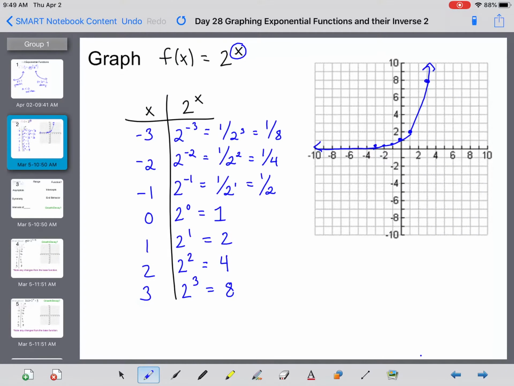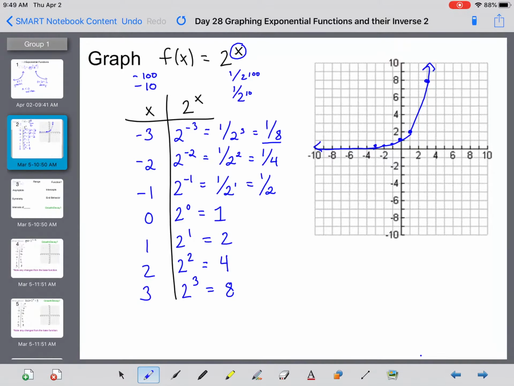However, my range, notice my y values, like when I plugged in negative 3, I got 1/8. Well, think about what happens if I were to plug in negative 10. I would get 1 over 2 to the 10th, which is close to 0, but not exactly 0. If I plugged in negative 100, I would have 1 over 2 to the 100th power, which again is 1 divided by something really, really big, which is going to be close to 0, but not actually 0.